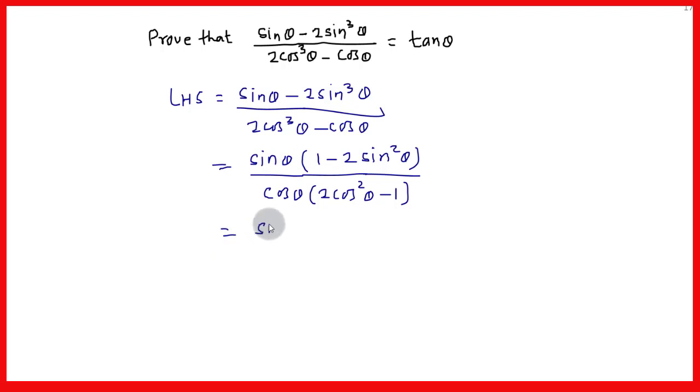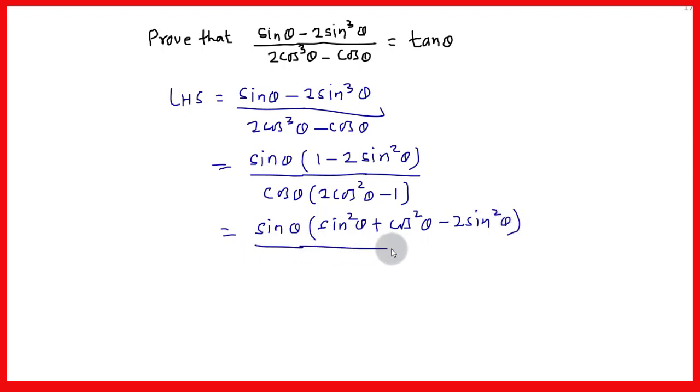So the numerator will become sin theta into bracket, 1 can be written as sin square theta plus cos square theta. So it is sin square theta plus cos square theta minus 2 sin square theta upon cos theta.